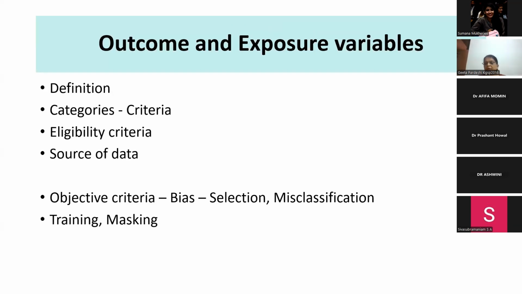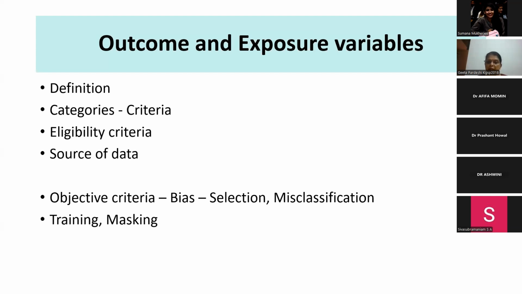Now, my outcome variable is acute respiratory illness and my exposure variable is the AQI category. For these 2 variables, I should know the definitions, and if there are categories, the criteria with references for making them.